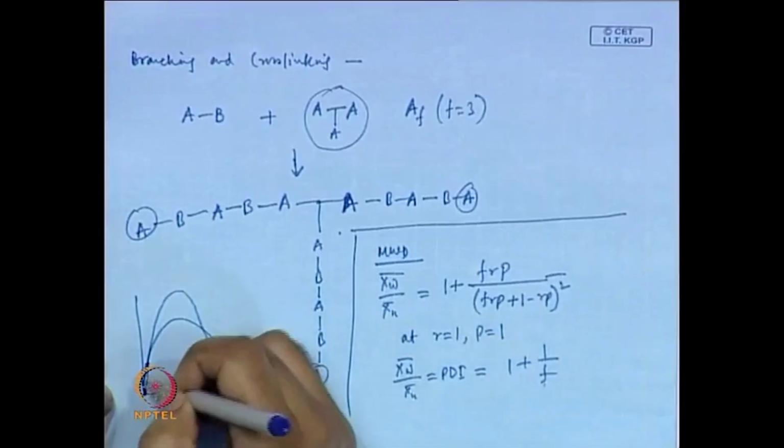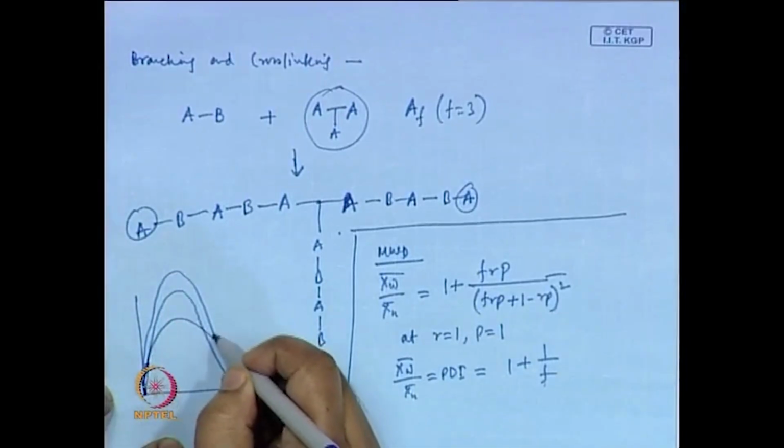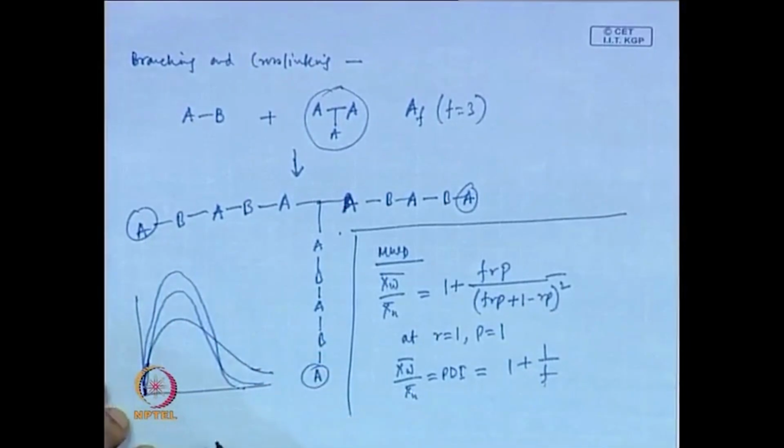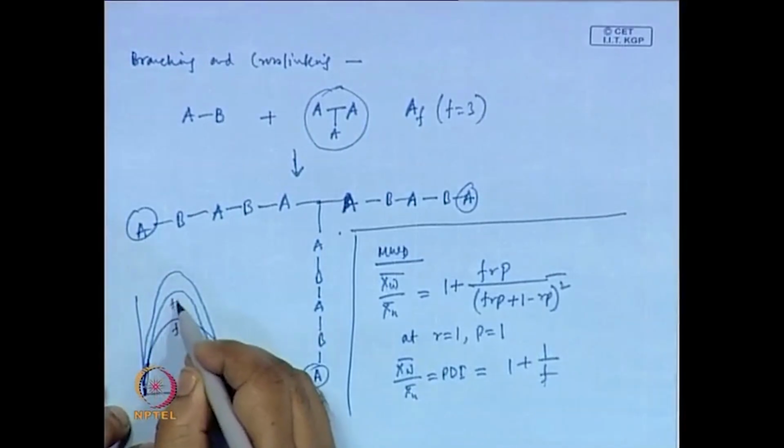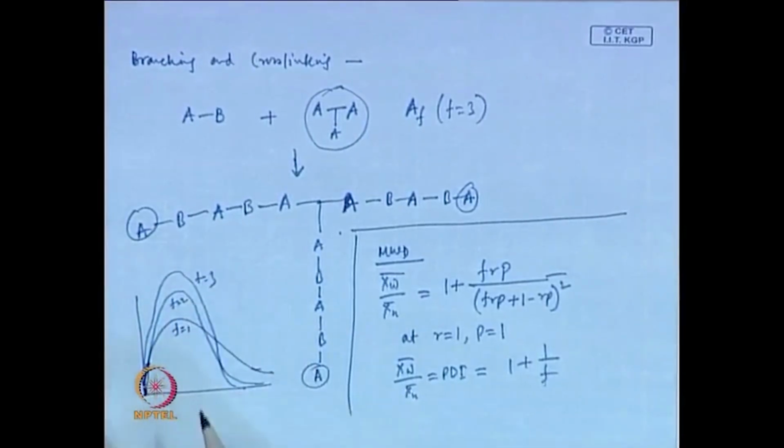If f is 3, it will become even narrower. Okay. So, this is f is 1, f is 2, f is 3. When we have more and more branching, the polymer chains have lower and lower polydispersity. Basically, in this case low molecular weight chains are not present in that amount, as they would be if there was no multifunctional or polyfunctional group.